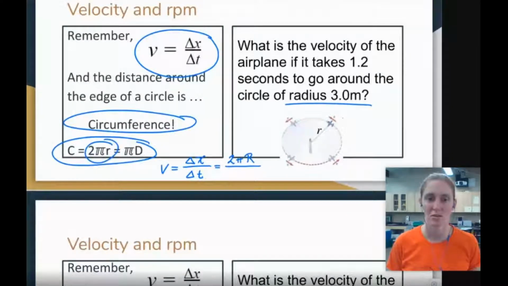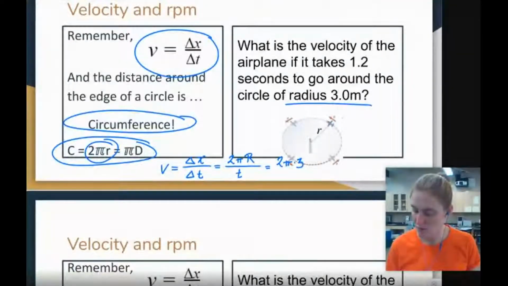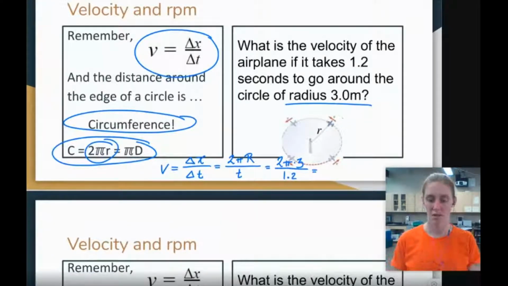So I'm going to do 2 pi times my radius, which is the circumference, divided by the amount of time that it takes to go around. So 2 pi times my radius, which is 3 meters, divided by the time, which is 1.2 seconds. And when I throw that into a calculator, I get 15.7 meters per second.